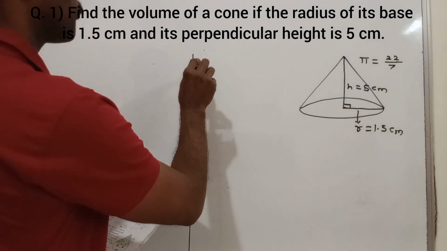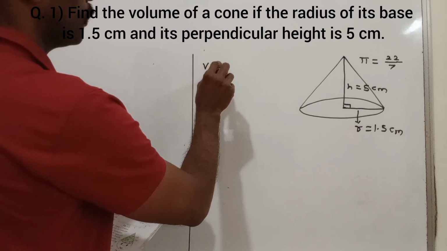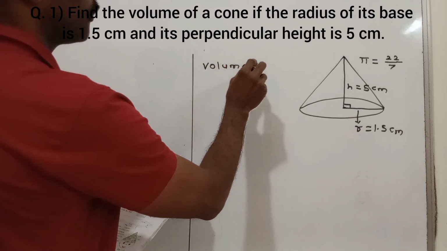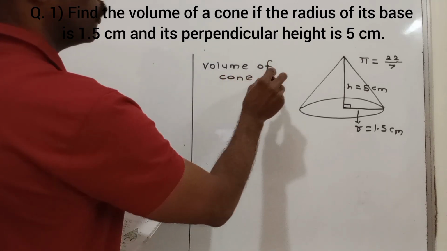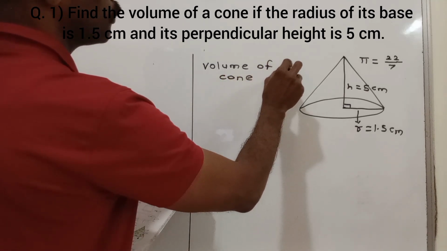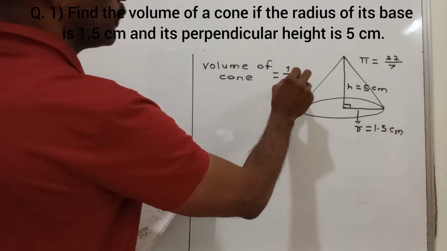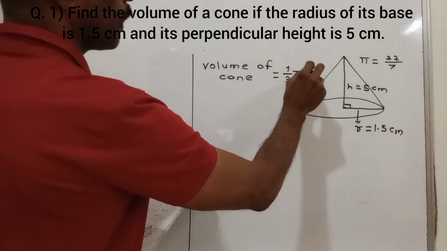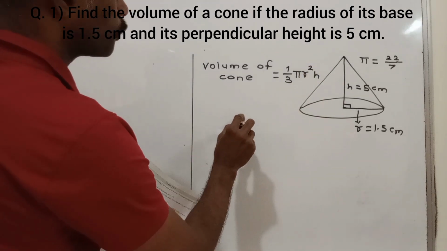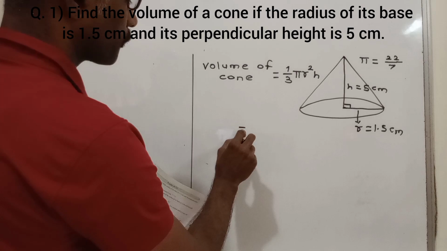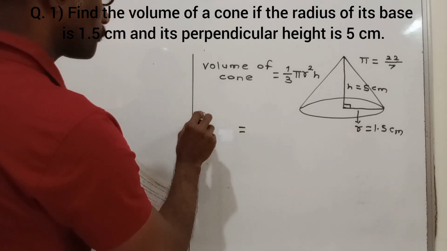Therefore, see here, volume of cone is equal to 1 upon 3 pi r square h. Therefore, we put values.